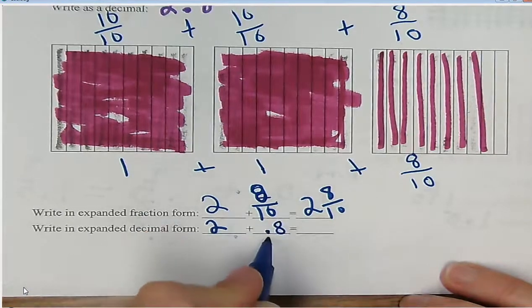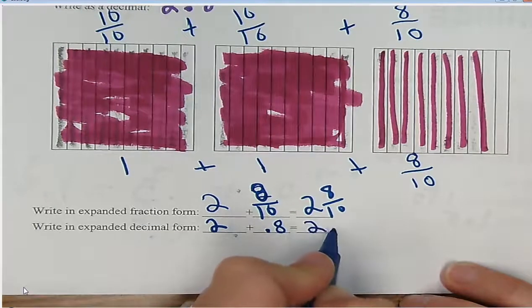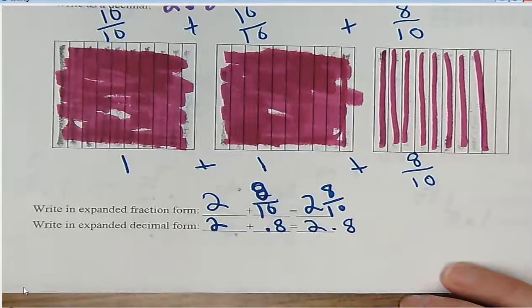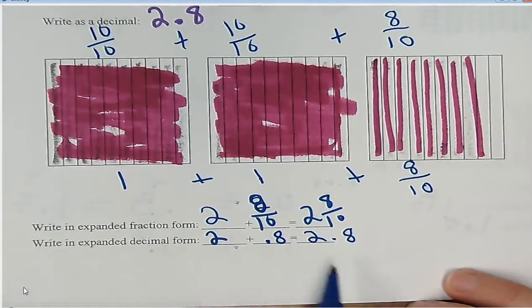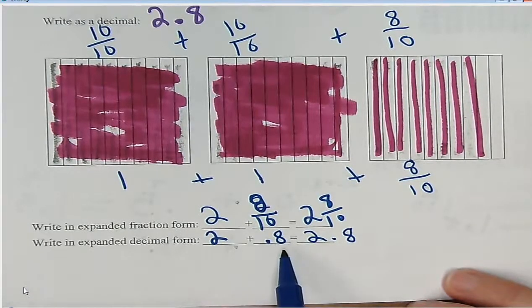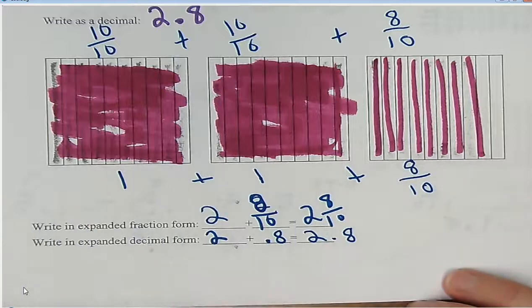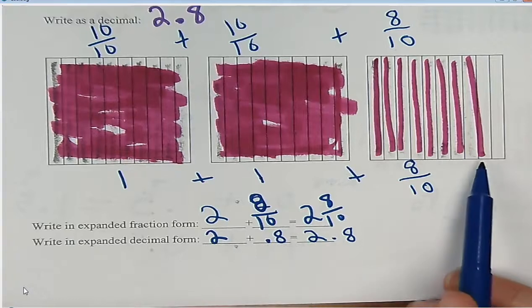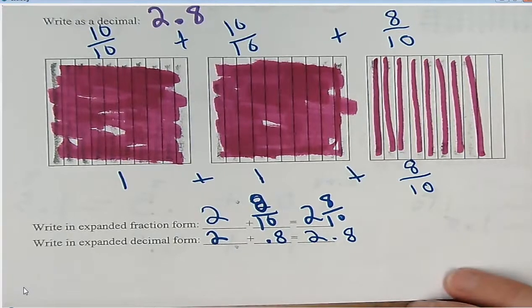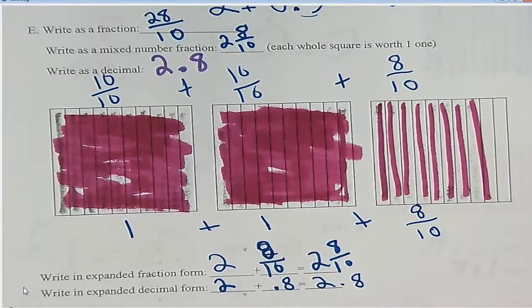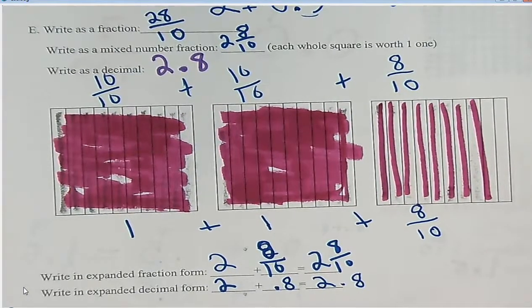So either 0.8 or 0.8 would be 2.8. 2 and 8 tenths. If you don't put the decimal and you say 2 plus 8, you're telling me you have 10 squares. We have 2 whole squares and 8 tenths of this one colored in. All right, so check and see if you got all that right. If not, go ahead and rewatch it.